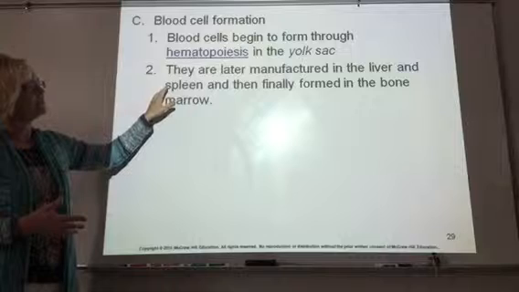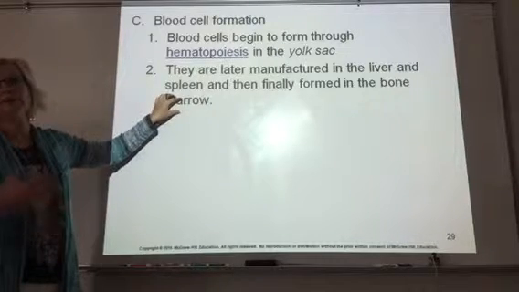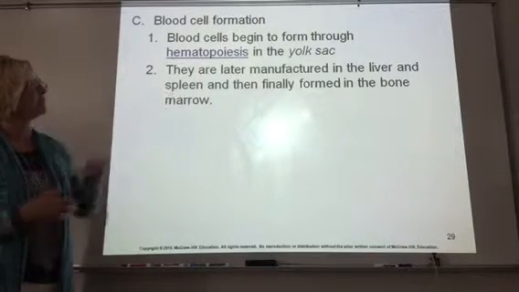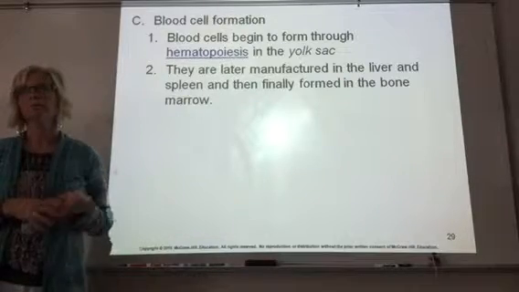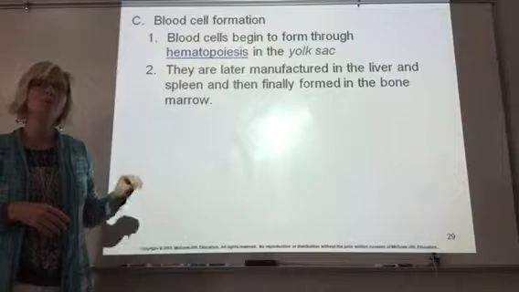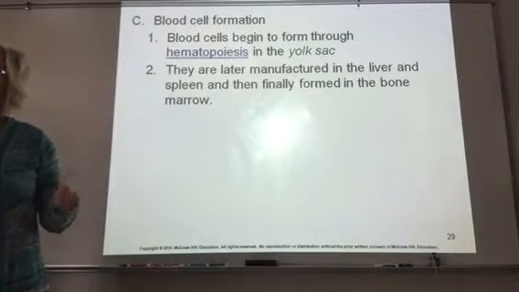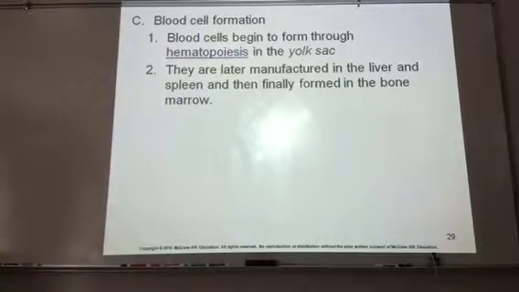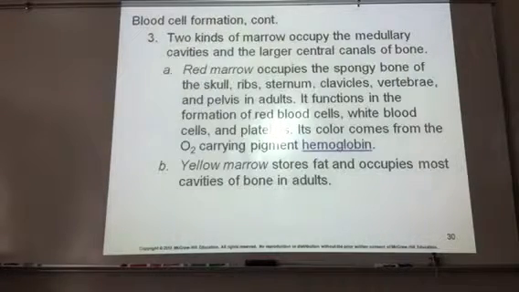They go to the liver and spleen, but their final formation ends up occurring in the bone marrow. What I want you to know out of this part is that your bone marrow is responsible for producing blood cells. So it is the bone marrow that helps with that.